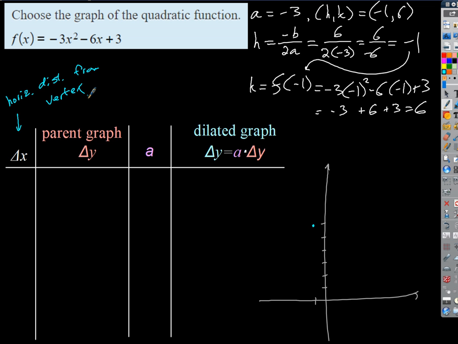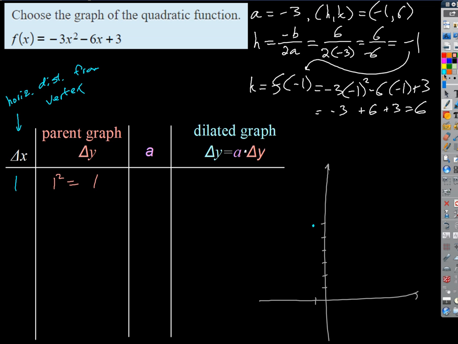If we go 1 to the right, what would our normal parent graph delta y, vertical distance, be? It would be up 1, right? So if we go 1 to the right, we would go up 1.